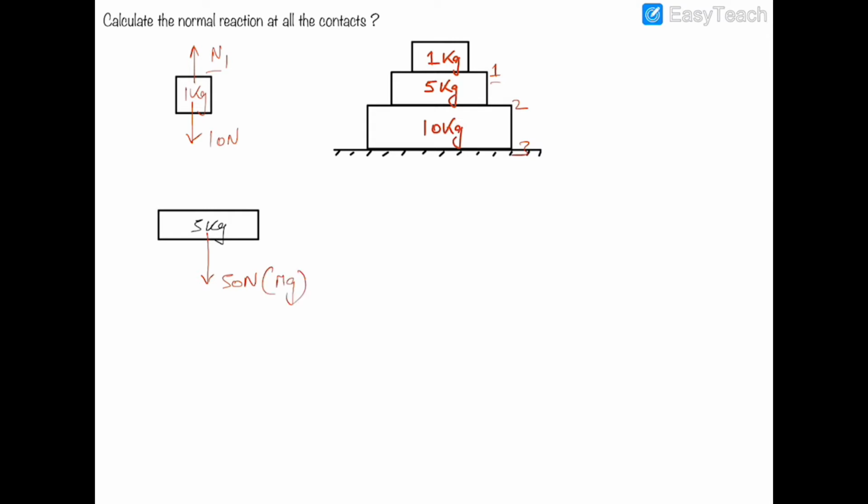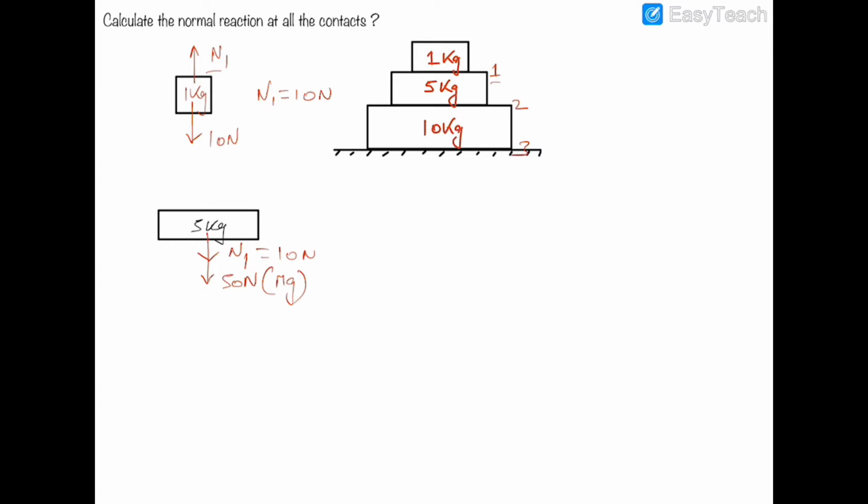The 5 kg block has applied N1 on the 1 kg block in the upward direction, so N1 will be applied by the 1 kg block on the 5 kg block in the downward direction as a reaction force, and we know that N1 is equal to 10 newtons, because these are balanced on the 1 kg block. I am writing this 10 newtons.